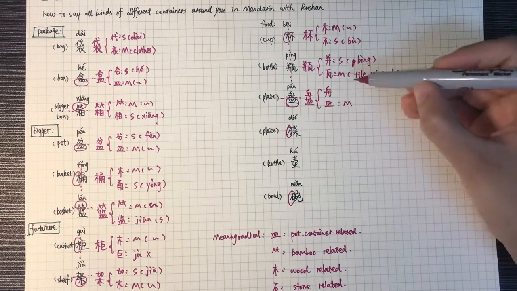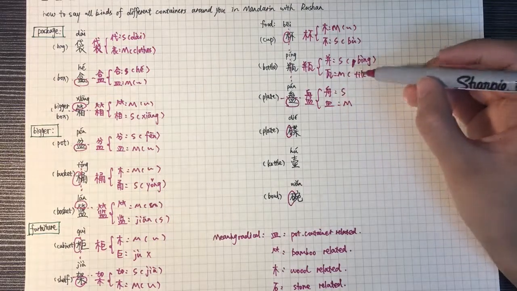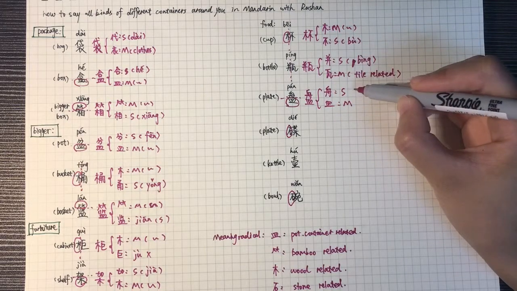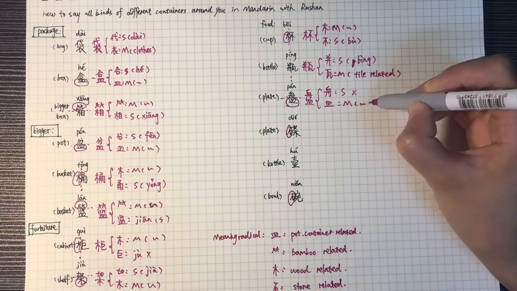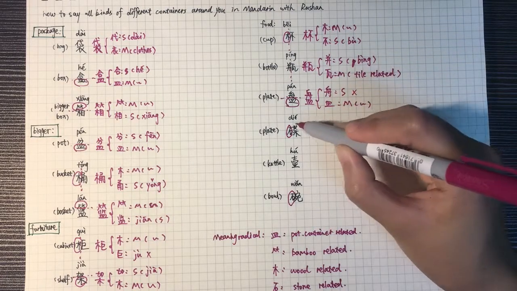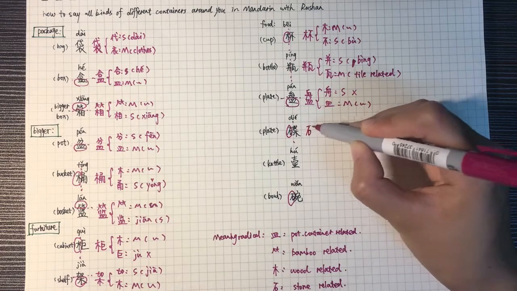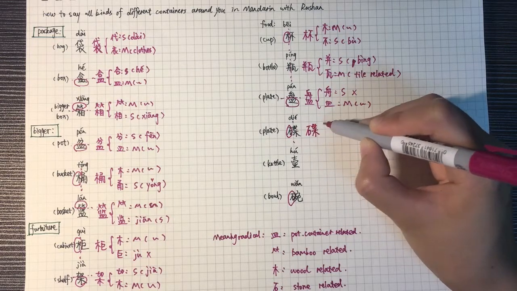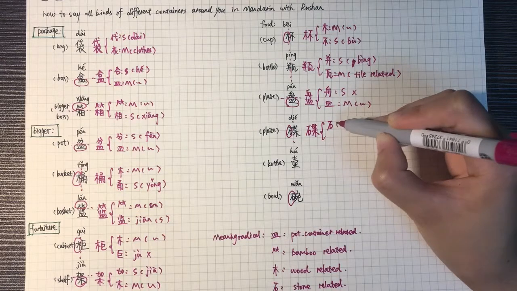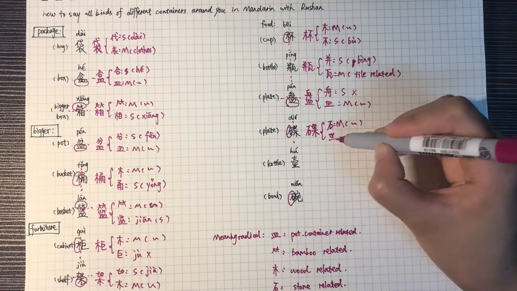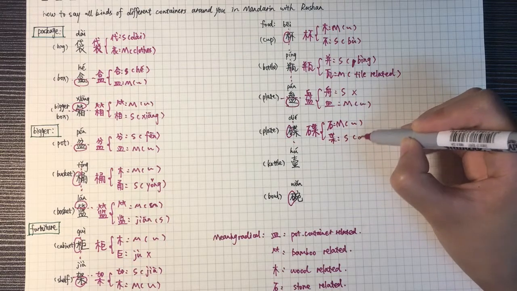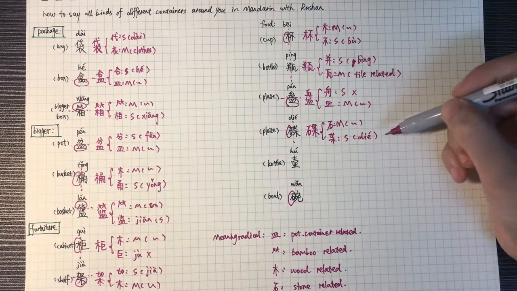If this is a meaning radical, then the other should be a sound radical, but this one is not really. We know this is about containers again. And left and right: the left is about stone, and the right is a sound radical, same as before.